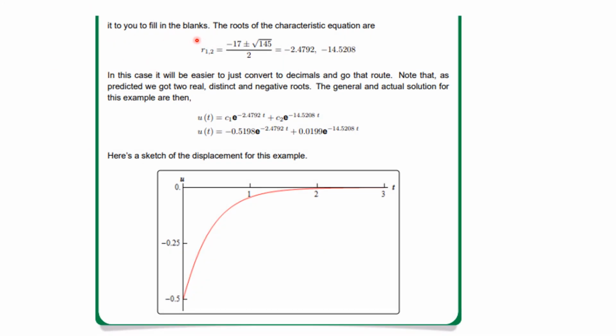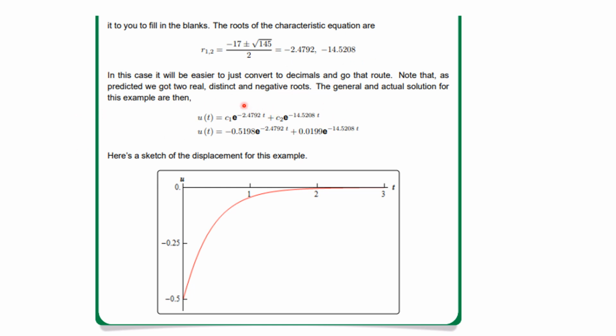Well, leaving it to you to fill in the blanks, but the roots this time are going to be r1 and r2 equal to minus 17 plus or minus the square root of 145, over 2. Now, engineering problems sometimes need calculators, and this would be one where a calculator is required. So if we do those two values, we get these approximations, rounding off, and so we convert to decimal.